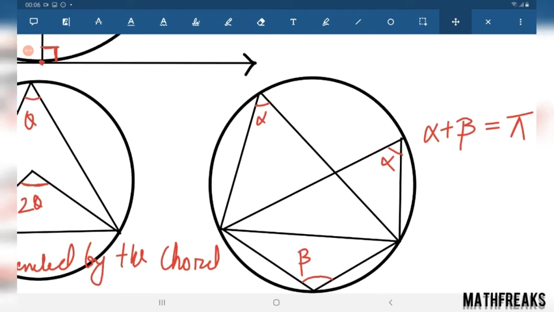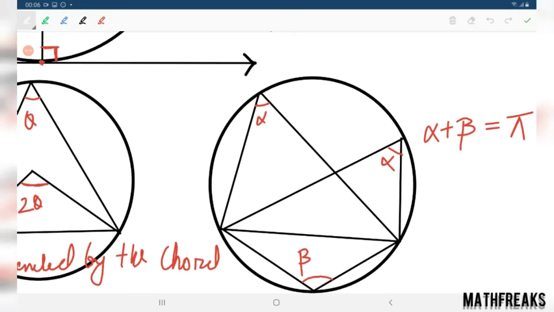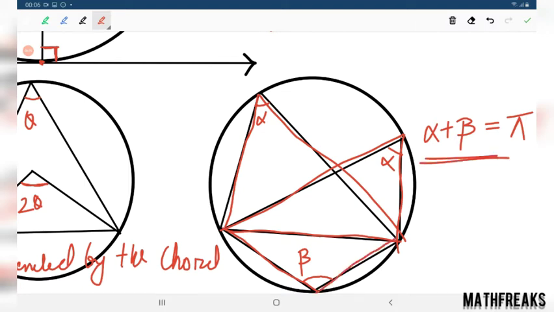Now, a chord always subtends the same angle at the same segment, and the relationship between the angles in the opposite segments is as follows: alpha plus beta equals pi.